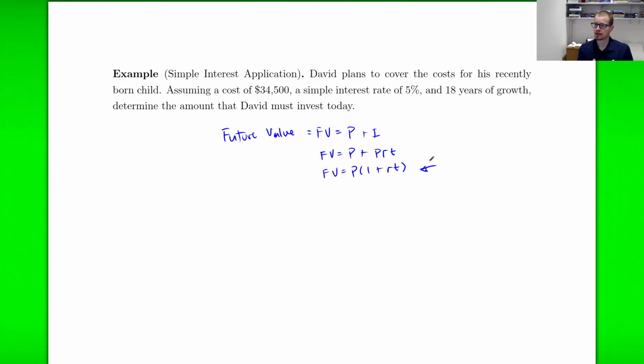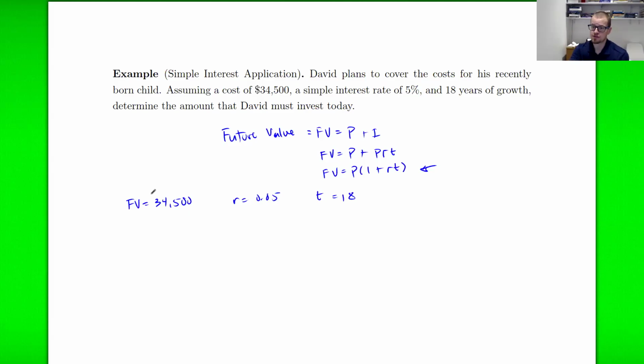Okay. All right. So I know that I want a future value of $34,500. I know the interest rate is 5%, so that's 0.05, 5% as a decimal. And then David is investing for 18 years, and years is the appropriate time measurement, so that's good.